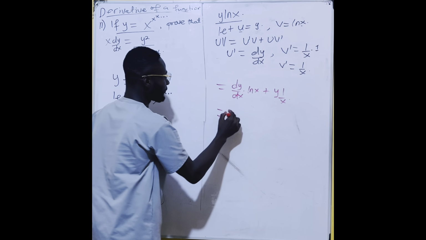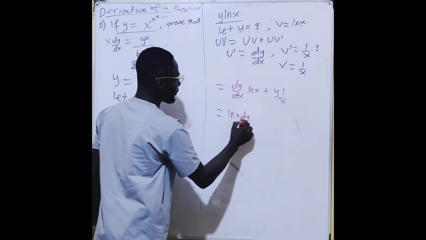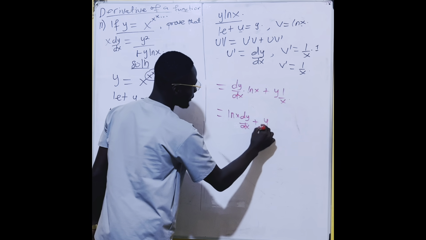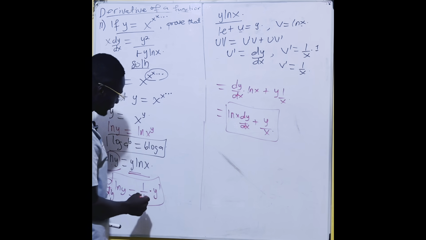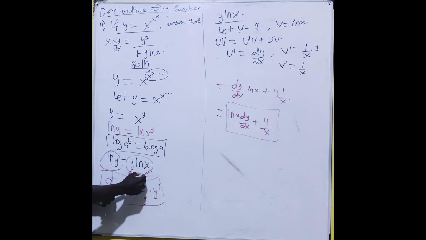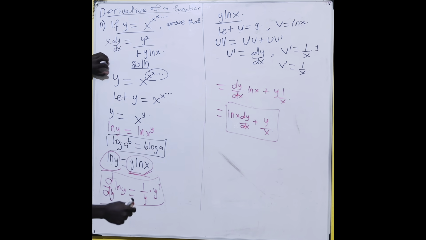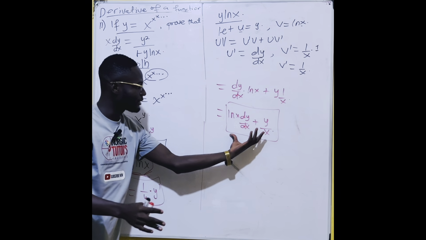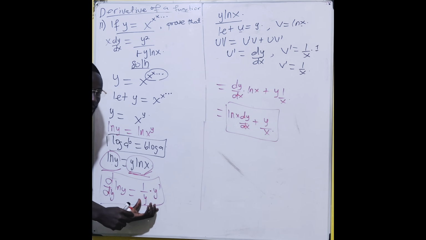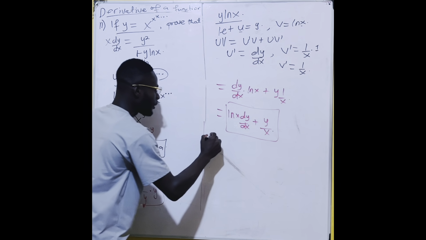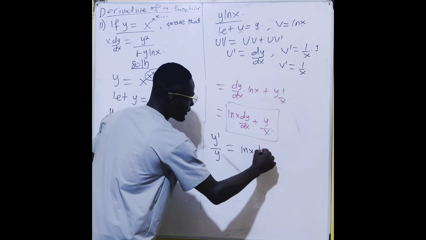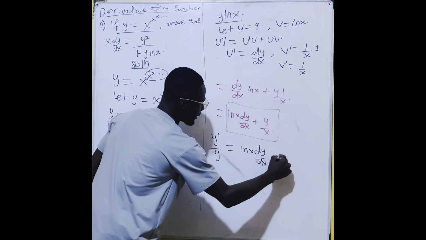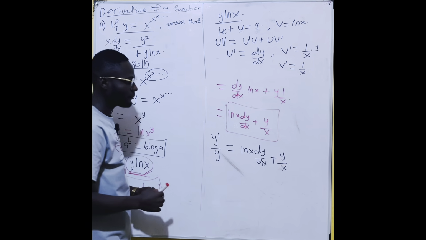So we can have ln x dy/dx plus y over x. So this becomes the derivative of the right hand side. Okay, so we put this here, then we put this there. So we're going to have y prime over y is equal to ln x dy/dx plus y over x.